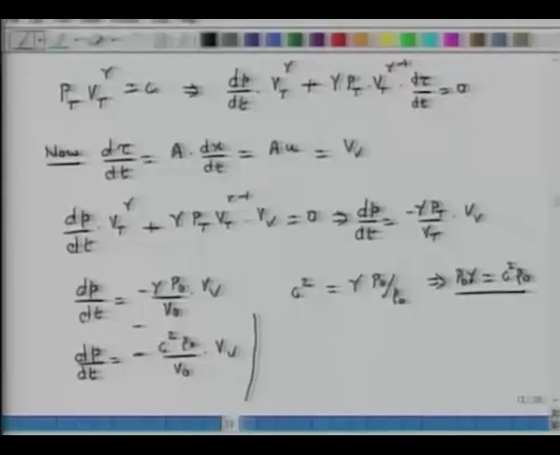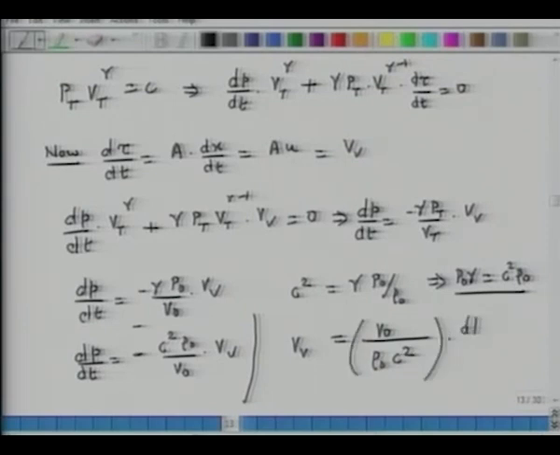So based on that, I can drop my negative sign and I can say volume velocity equals original volume over rho naught C square times dP over dt.